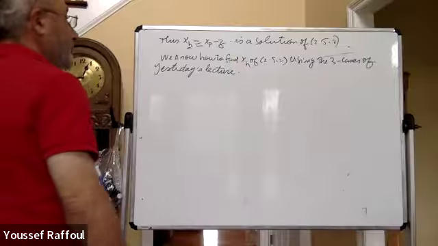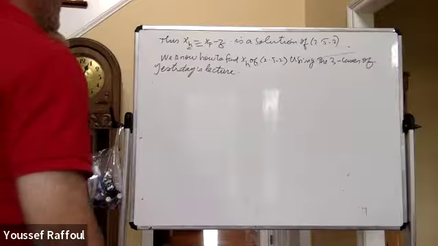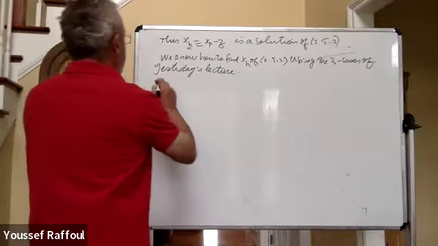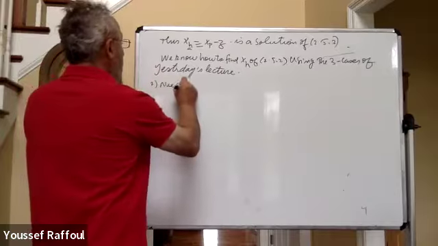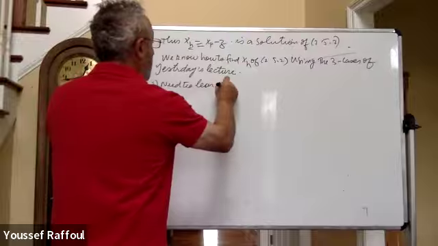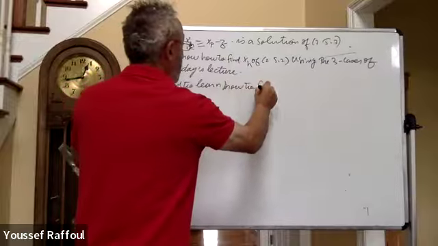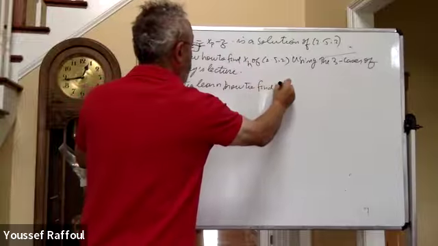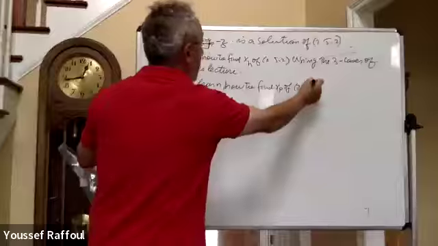And then so now we need to learn how to find x_p of 2.5.1.